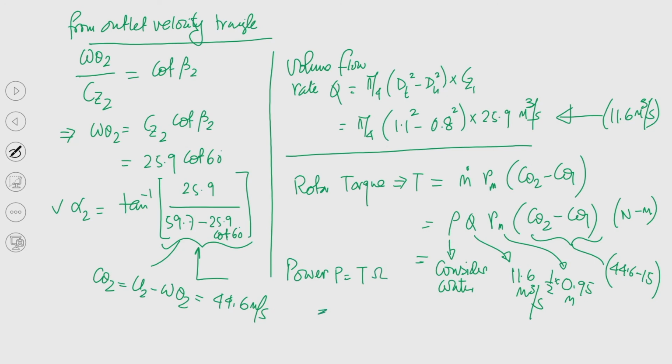So, this will be 201 Newton meter into omega, where omega is 2 pi N by 60, and it will come as 25.3 kilowatt.